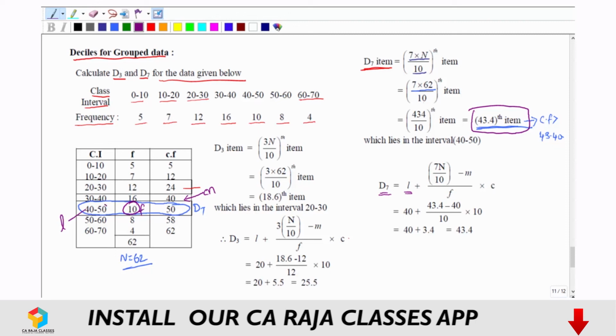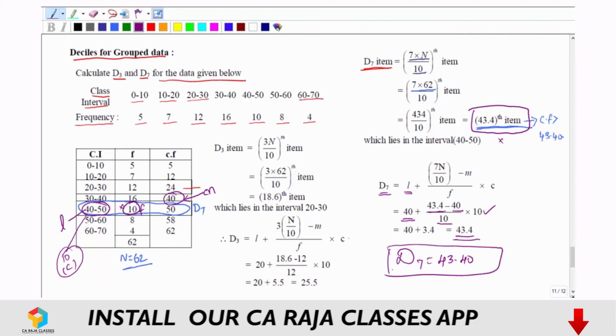C is the width of the class interval 40 to 50, which is 10. So D7 is equal to 40 plus (43.4 minus 40) divided by 10, multiplied by 10. That is 40 plus 3.4, which gives 43.4. D7 is equal to 43.40. So this is how we find the 7th decile.